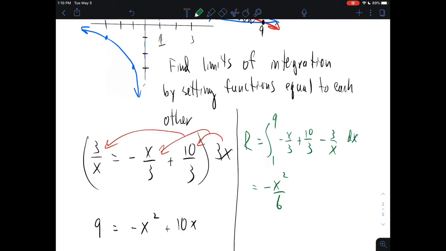And then plus 10 over 3, the antiderivative of that is 10 over 3 times x. And then minus 3 over x, the minus 3 is a constant, and now I need the antiderivative of 1 over x, which is the natural log of x. And then I have to plug in my limits of integration.